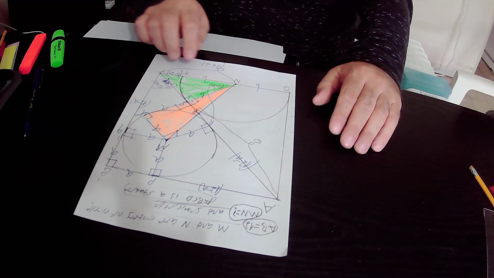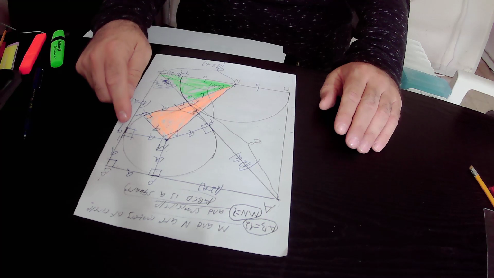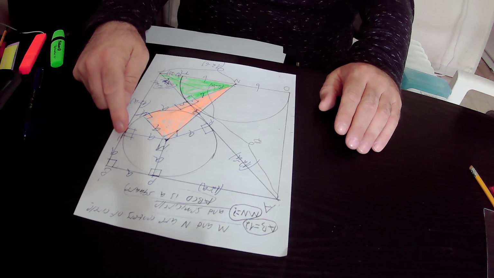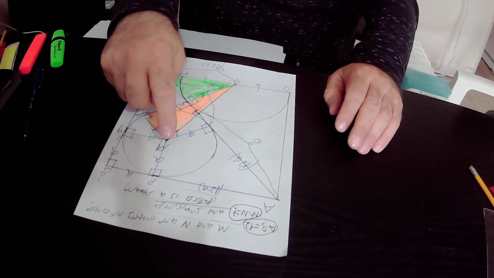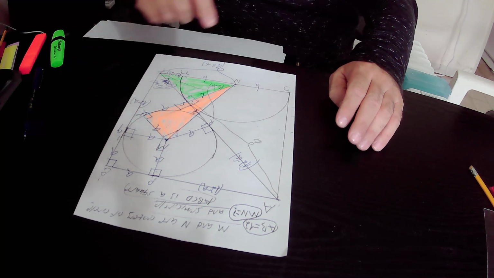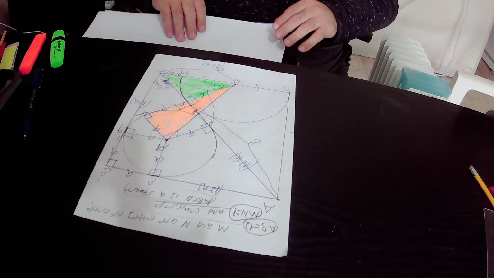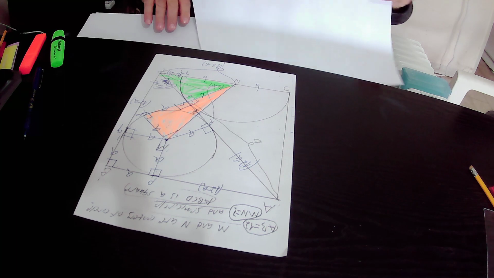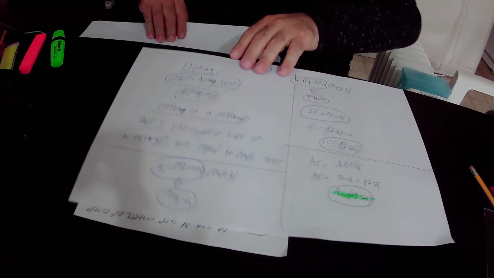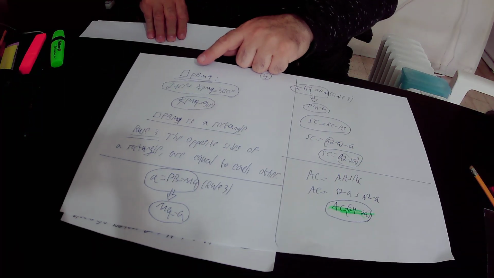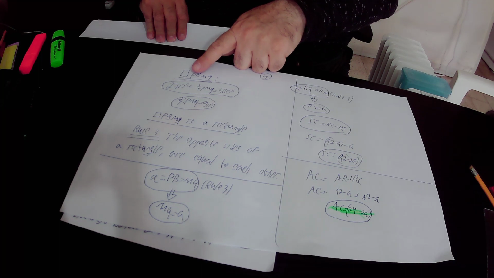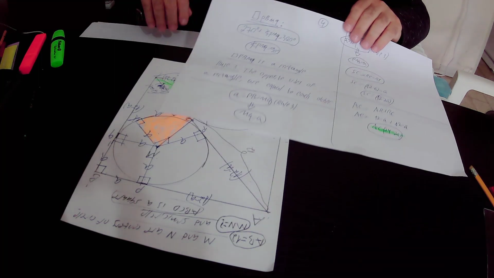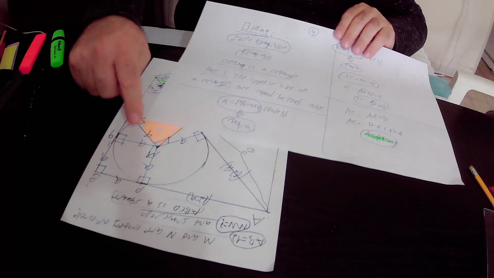Okay, then we focused on the quadrilateral PBMQ. In quadrilateral PBMQ we have 3 right angles, 1, 2, 3, and the sum of 3 right angles is 270 degrees. So here, in quadrilateral PBMQ, the sum of 3 right angles is 270 degrees, plus the size of the fourth angle that is actually angle PMQ.